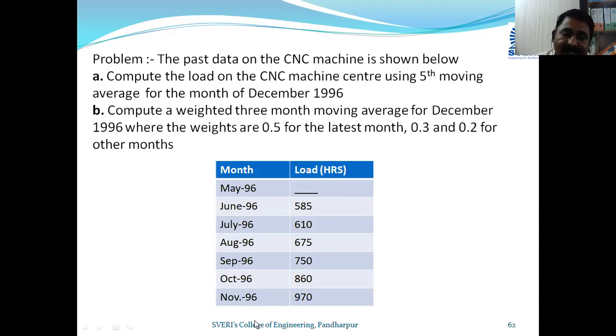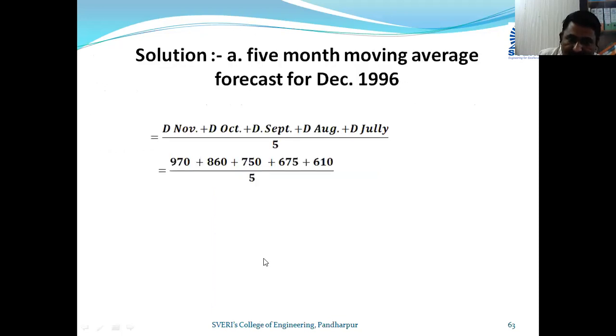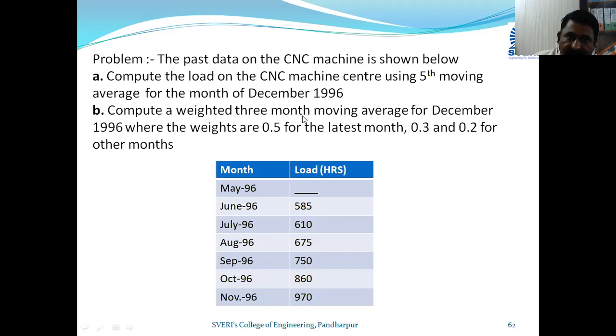I have to calculate for December. So here the next month is December. I will take the previous 5 months to December. What will be the previous 5 months? You will take November, October, September, August, July, because it is mentioned that N is equal to 5.